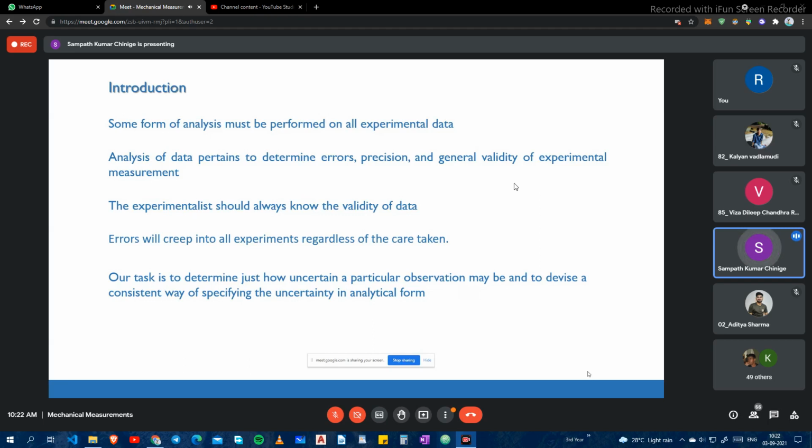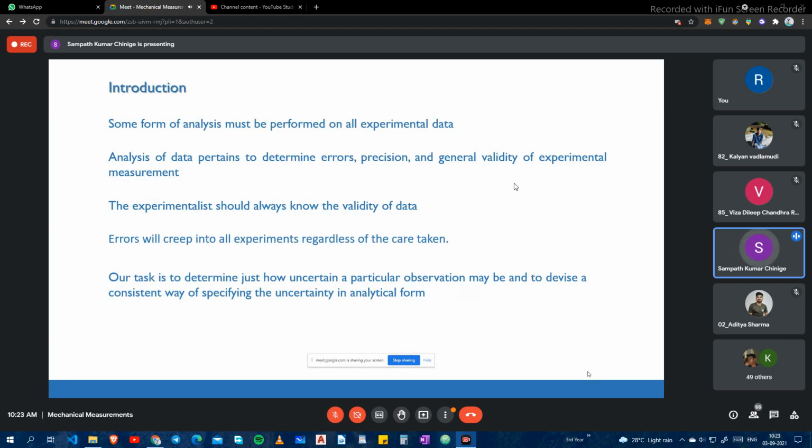Take any experiment, regardless of how much care you take, you will always have some errors coming into the picture. That means you always have some deviation from the true value. That is for sure. Whatever deviation we get, we generally term it as error. So as an experimentalist, you know that error will definitely come.